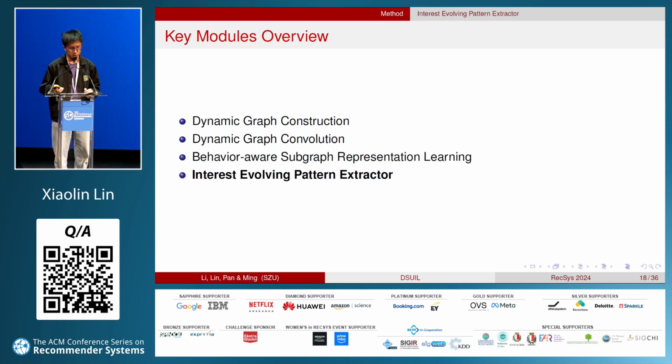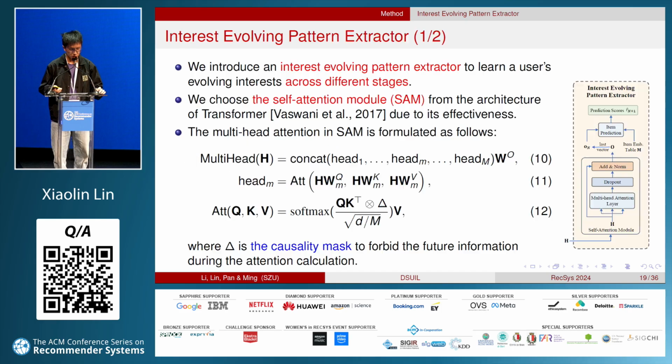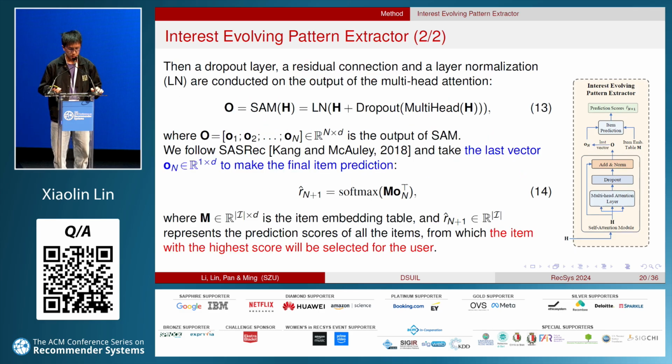Finally, the last module, the interest evolving pattern extractor. We use the self-attention module to extract a user's interest evolving pattern across different stages. This is a well-known structure from the transformer.